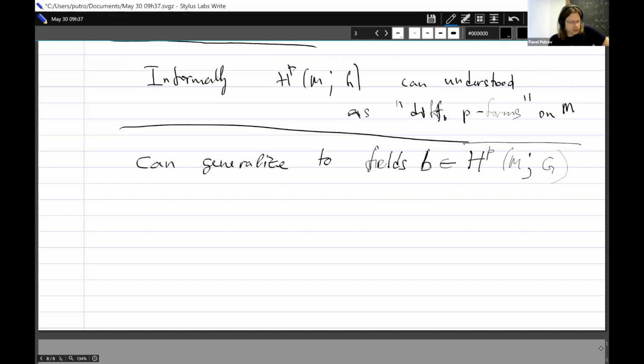One way to say this is that what we had here is some sort of motivation, but now we can just postulate: let's consider some sort of theory where our fields are singular cocycles with coefficients in G, or we consider fields already as cohomology classes.